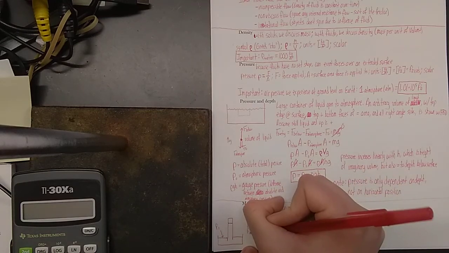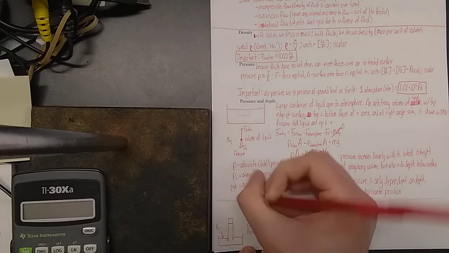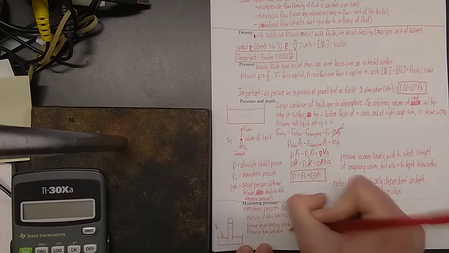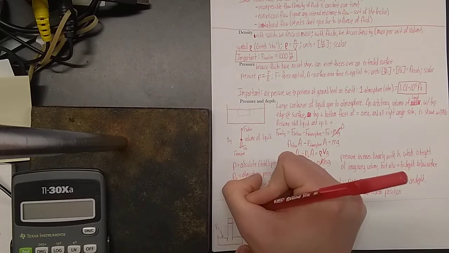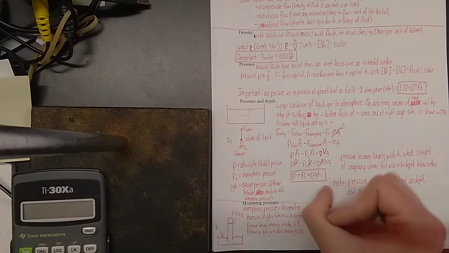The pressure in the tube just above the mercury is approximately 0 pascals. And that's because we need this to be a vacuum. There's nothing up here besides mercury vapor, and there's so little mercury vapor that the pressure is essentially 0. Essentially, it's in a vacuum.